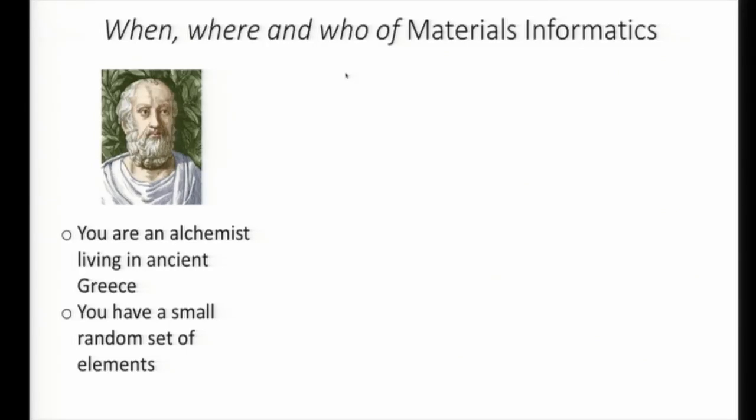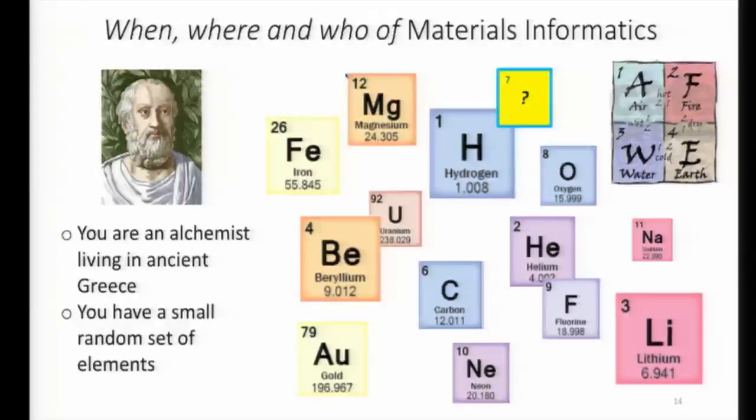So imagine that you are Plato, and you're in ancient Greece, and you'd like to learn more about how a small set of random elements behave. And these are your elements. You have iron, magnesium, air, fire, water, earth, and you have some things about their properties. You know their color, and you know their atomic number.